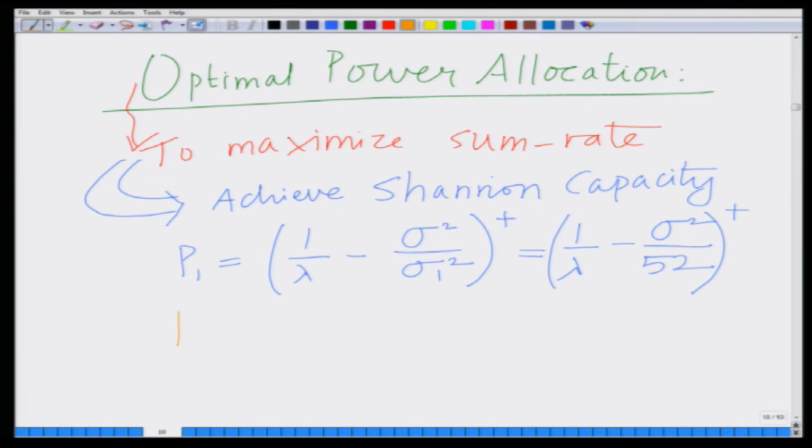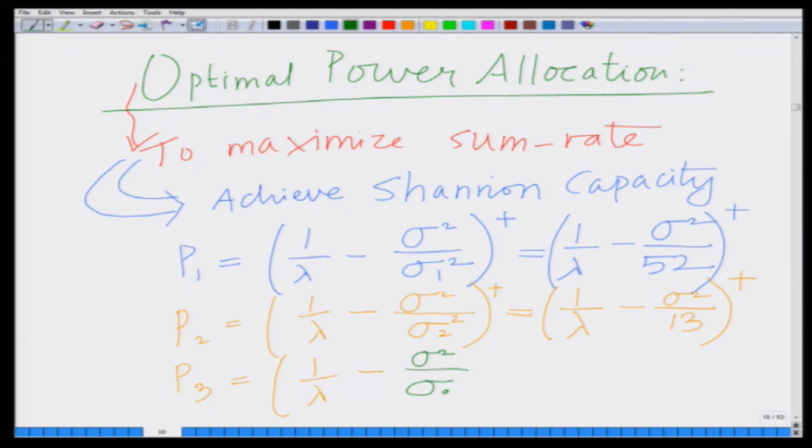Similarly, P2 equals (1 over lambda minus sigma square divided by 13) plus, and P3 equals (1 over lambda minus sigma square divided by 4) plus.